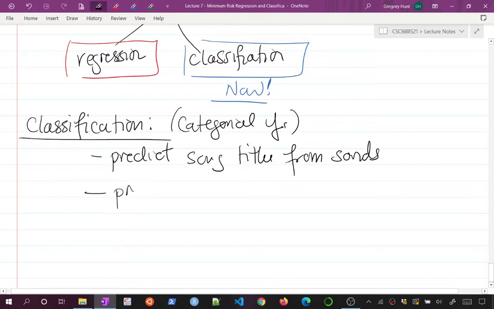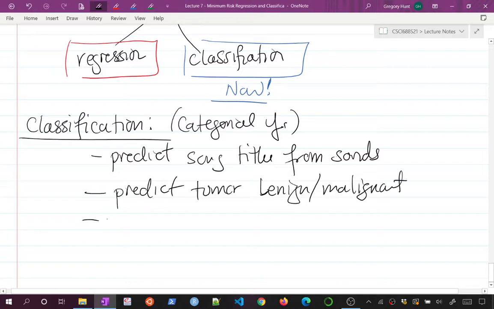Another kind of problem is to predict a tumor as benign or malignant, right? So this is pathology. I maybe want to predict a protein class. What kind of protein?